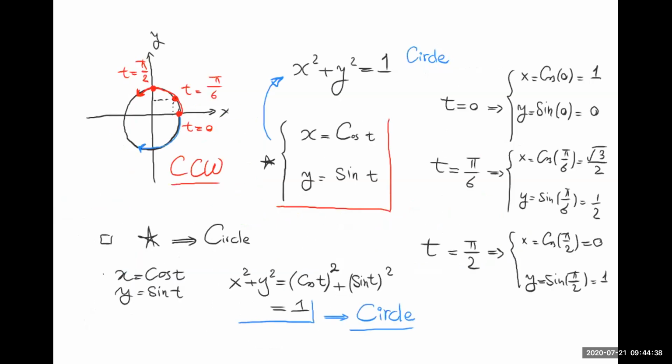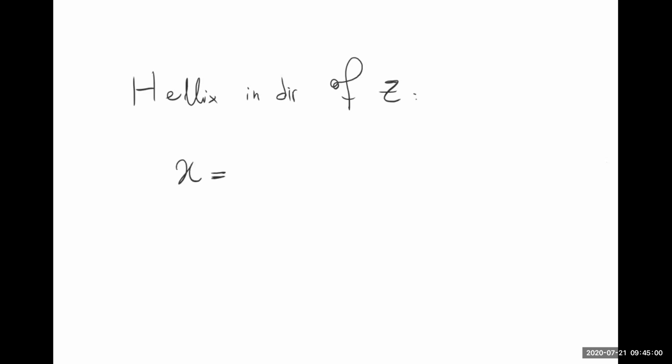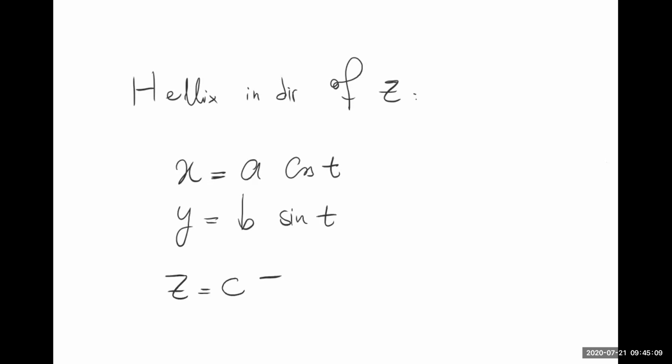Now, for a moment, what would be the normal equation of a helix? Well, in general, a helix in the direction of z, for example, would be something like this. x would be a cosine of t, y would be b sine of t, z would be c t.